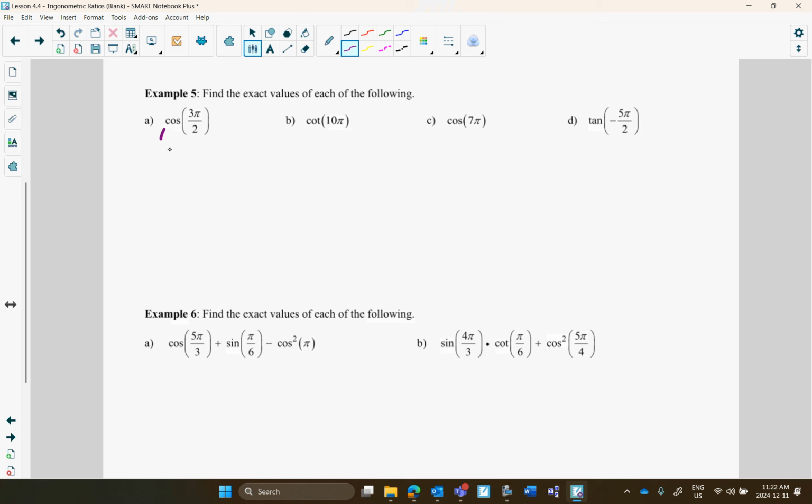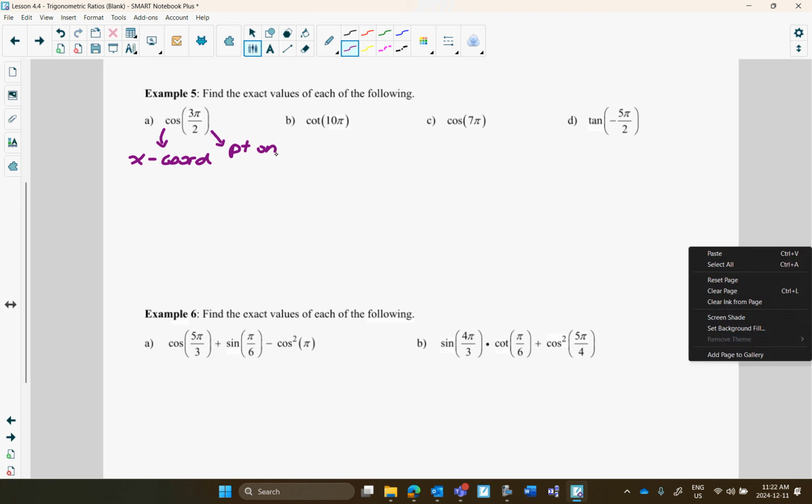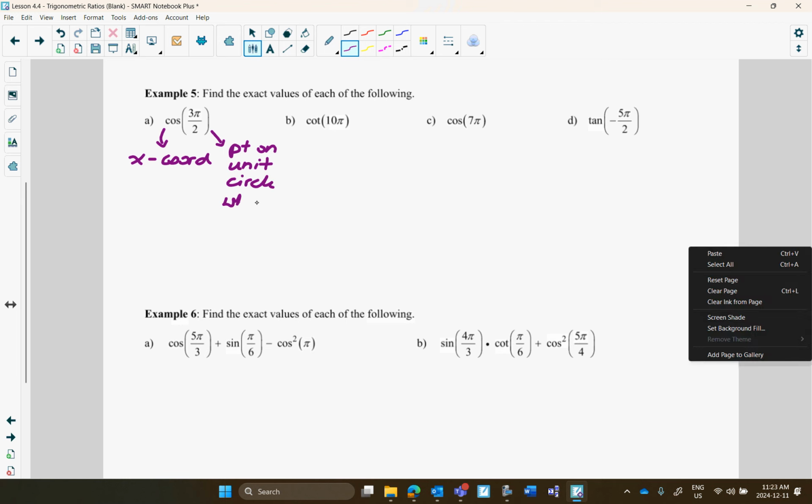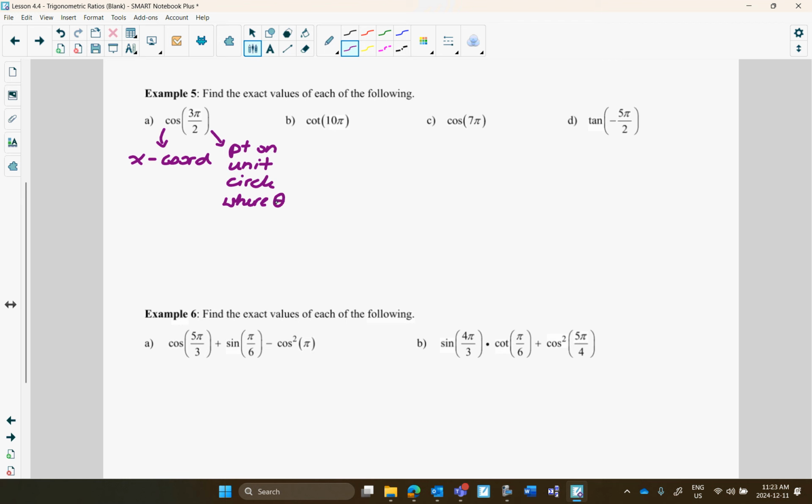That means that I have to find the x-coordinate of the point on the unit circle where theta is 3 pi over 2. Because cos means the x-coordinate of the point on the unit circle, sine means y, tan means y divided by x.